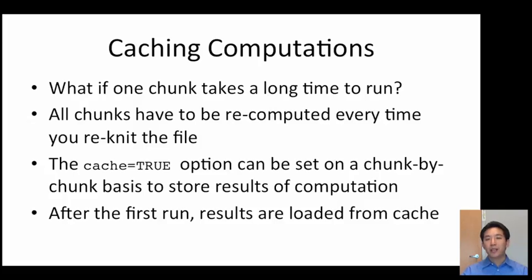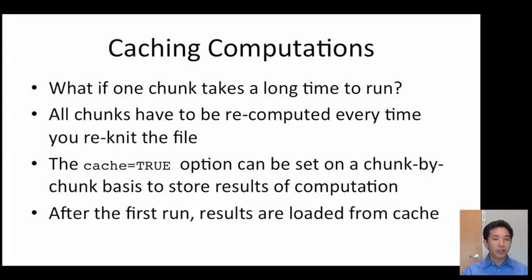So one special case is when you have a code chunk and the computation takes a really long time to run. Now every time you process the knitr document to look at the HTML output, you're going to have to run this computation. So one strategy to avoid having to sit around and wait a long time is to cache the computation. And so caching computations can be very useful for complex code chunks. And so the idea is that for each code chunk, there's a special option called cache.